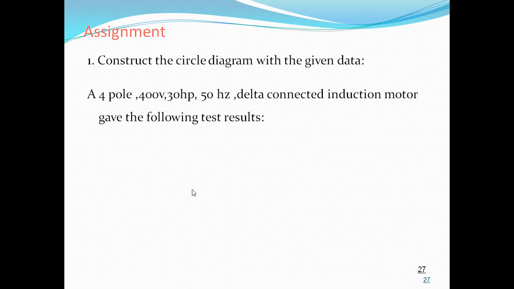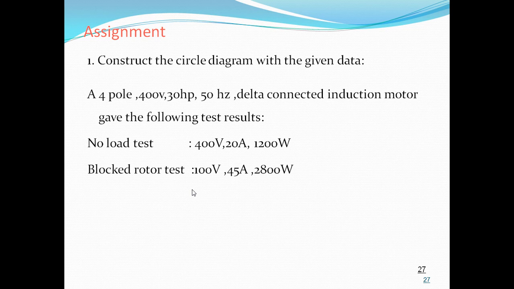A 4-pole 400 volts 30 HP 50 Hz delta connected induction motor gave the following test results. Note down this: no load test is 400 volts, 20 amps and power is 1200 watts.